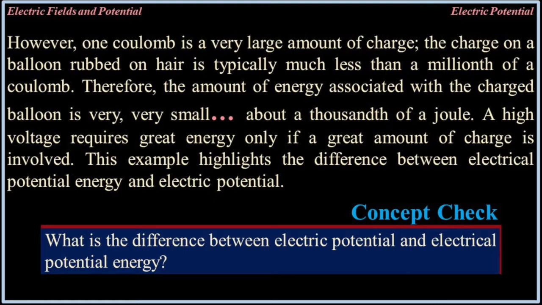A high voltage requires great energy only if a great amount of charge is involved. This example highlights the difference between electrical potential energy and electric potential. Concept check: What is the difference between electric potential and electrical potential energy?